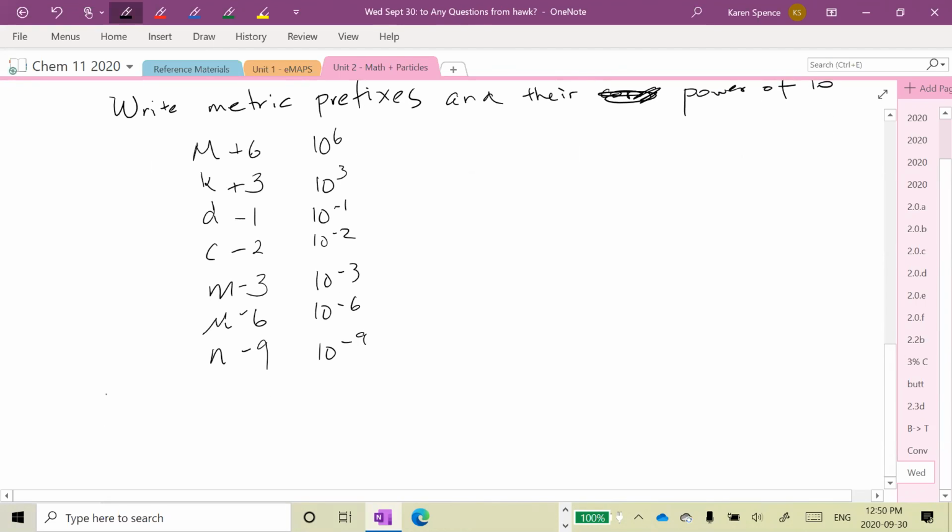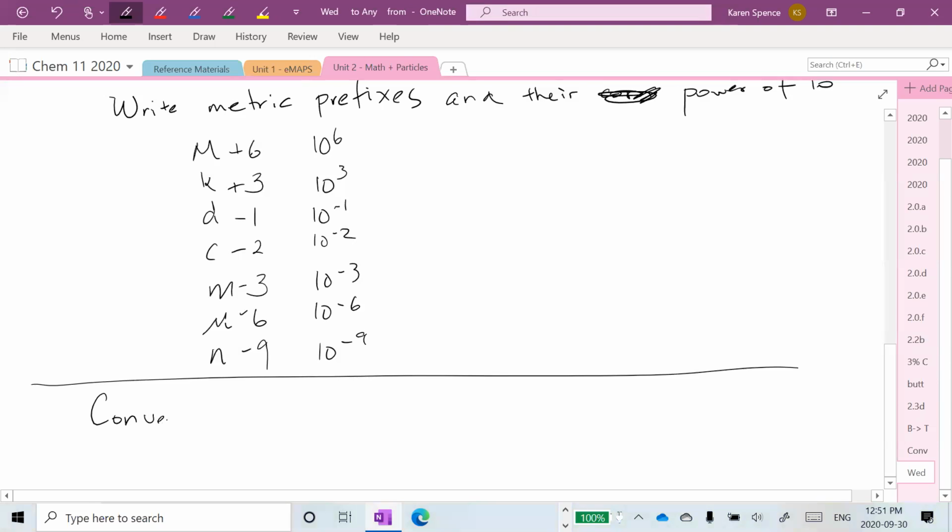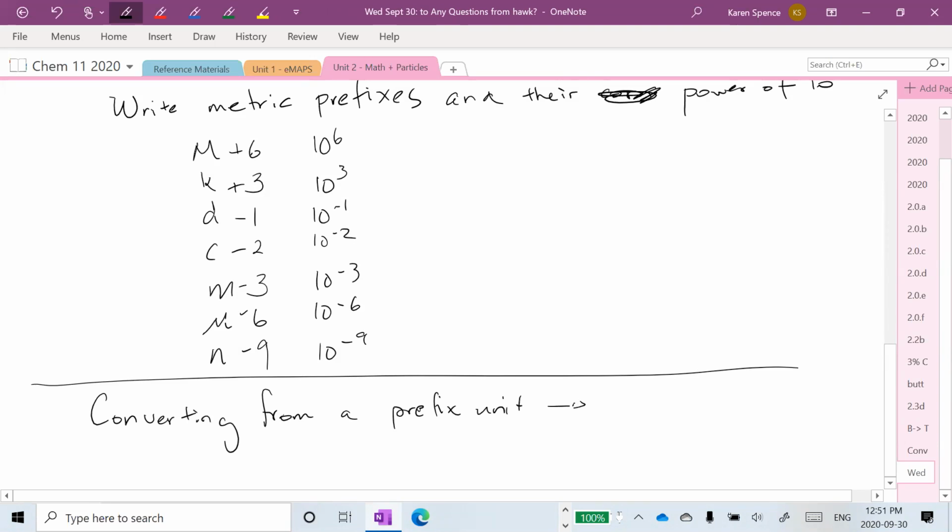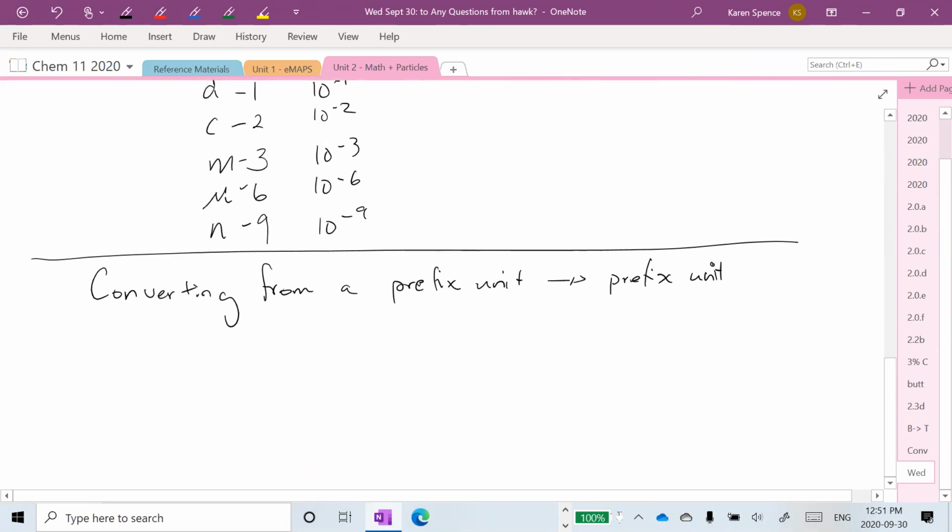When you are converting from a prefix unit to another prefix unit, chances are you don't know the conversion factor between those two, okay? You might.